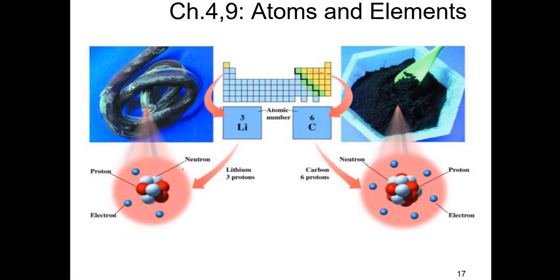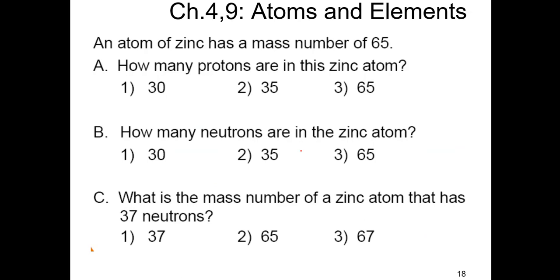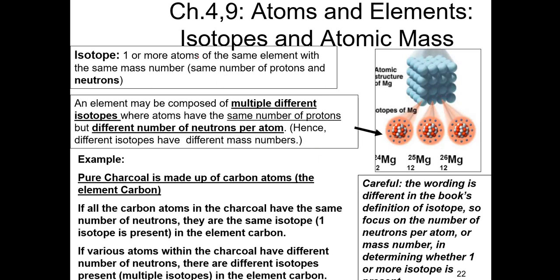So here are some nice models showing the nuclei, protons, electrons, and then the neutrons. And again, this is from a periodic table of elements right here. There is no mass number on there, so there's no way to infer how many neutrons are present. So we'll go through those examples. Here are definitions for my isotope. Now please keep in mind, if you have one isotope, they're the same element with the same mass number.